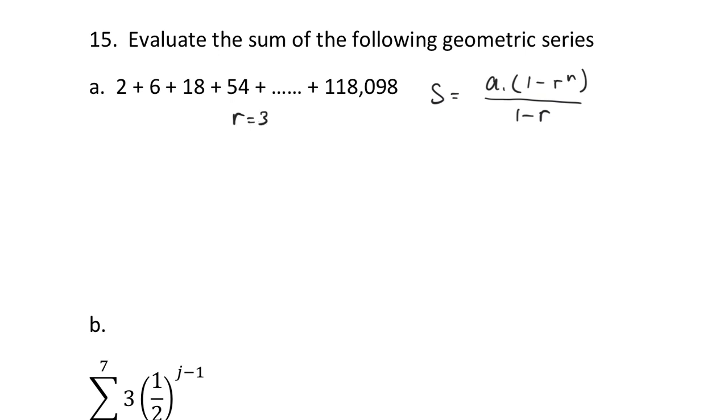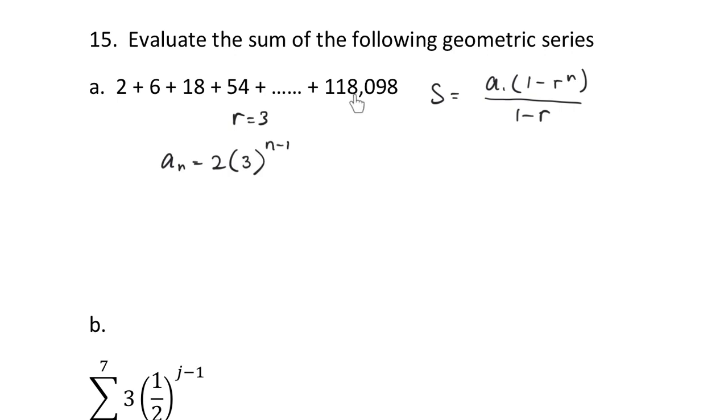What we don't know is how many terms we are adding together. 118,098. We need to figure out which term that is. So we could use the explicit formula for this, which is a sub n equals first term times the base 3 to the power of n minus 1.